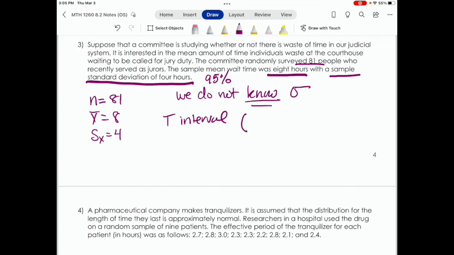We're going to put all that in there, and we're going to get that our confidence interval, when we round it to two places, is 7.12 and 8.88. So our interpretation of this would be, we estimate with 95% confidence that the mean population wait time for jury duty is between 7.12 hours and 8.88 hours.